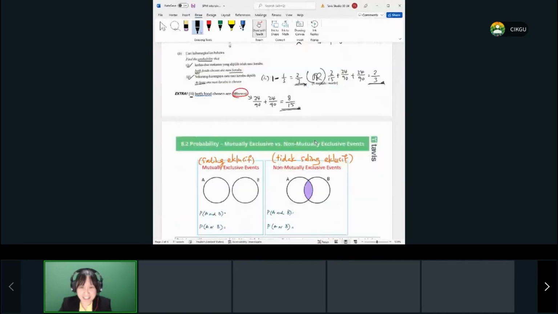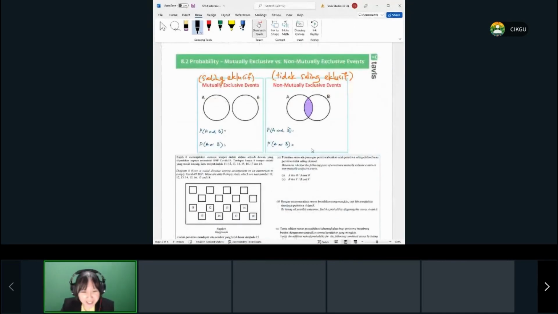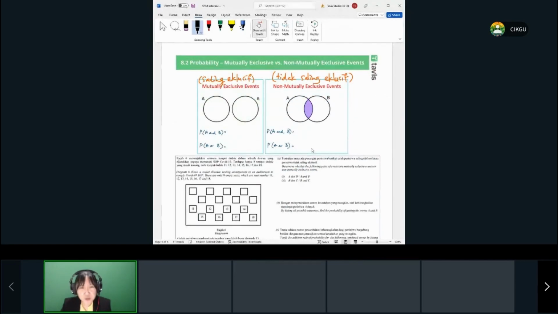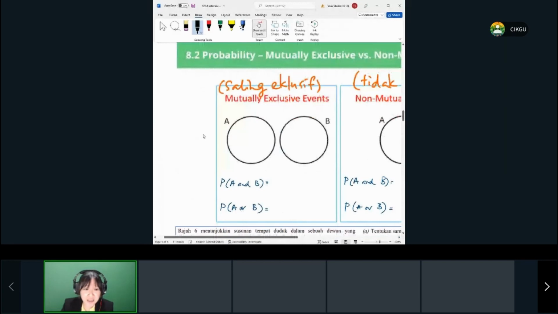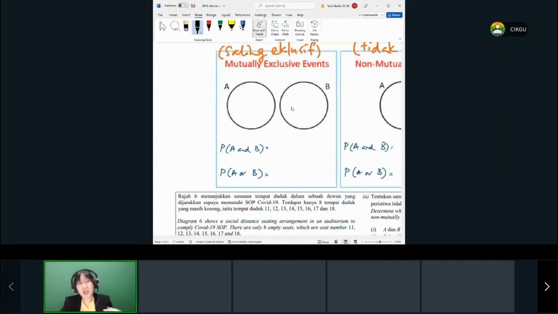Okay, this one some students might find a bit confusing because you're trying to memorize this, but don't. Mutually exclusive is just a fancy word lah. Essentially what it means is if these two events do not overlap with each other. Let's just say event A is to pick an even number, event B is to pick an odd number.